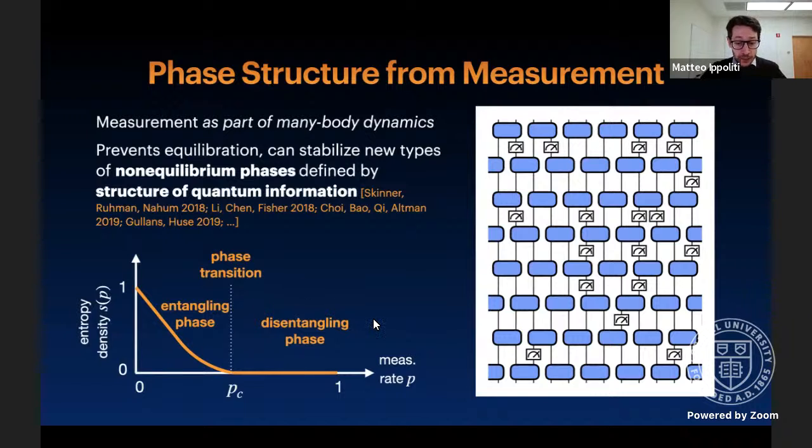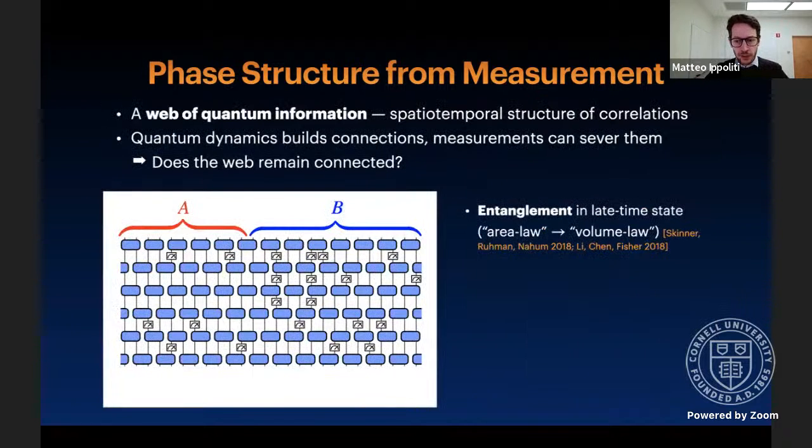Okay. So let me say a little more about how to think about this phase transition. The idea, without doing any math, is to think about this process as generating some network or web of quantum information in space and time. For those of you who are familiar with it, I'm thinking of tensor networks, but even if you're not, just think of a network of correlations in space and time that describe how different qubits at different positions, or temporally separated positions, are or are not correlated.